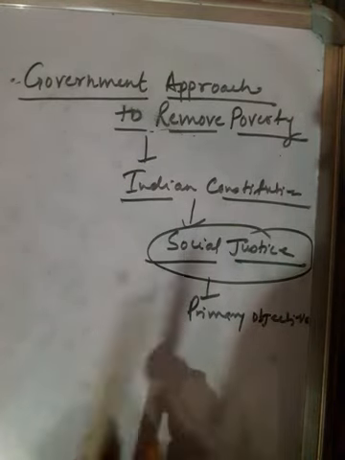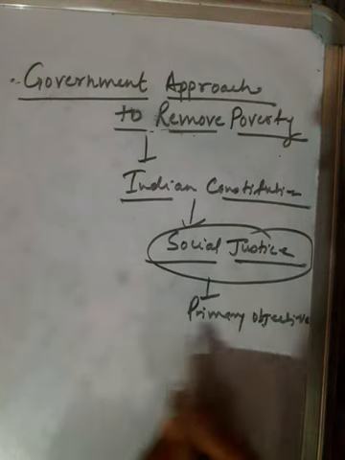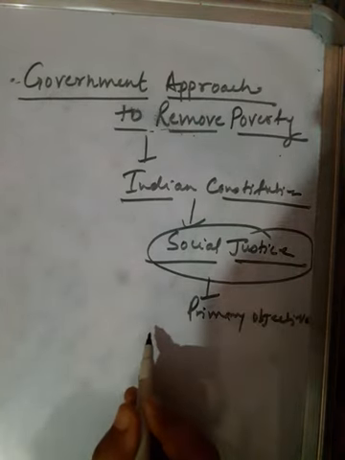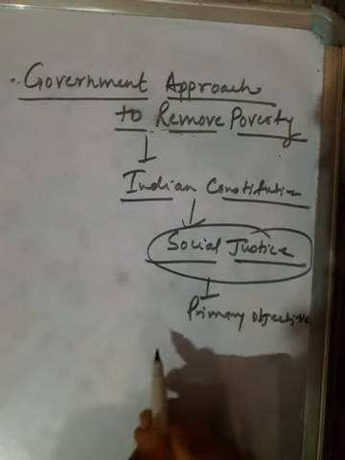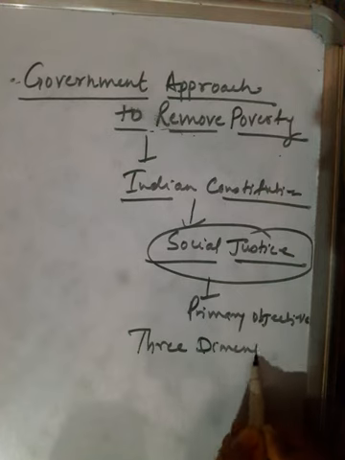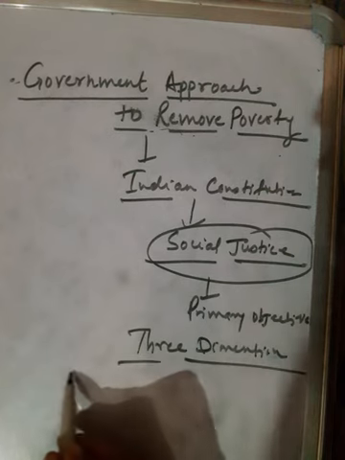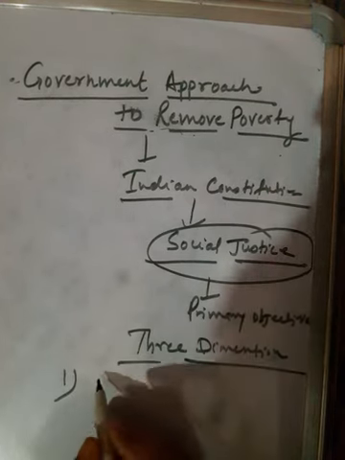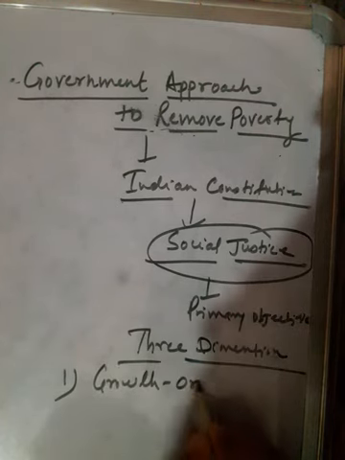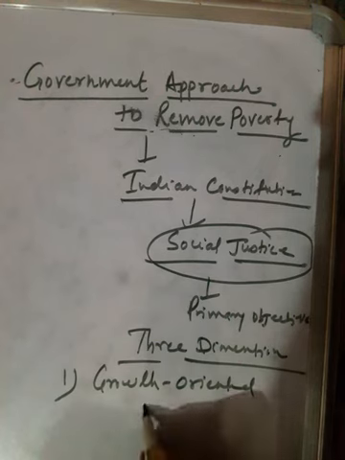The government's approach to poverty reduction has three dimensions. What are these three dimensions? First is the growth oriented approach.